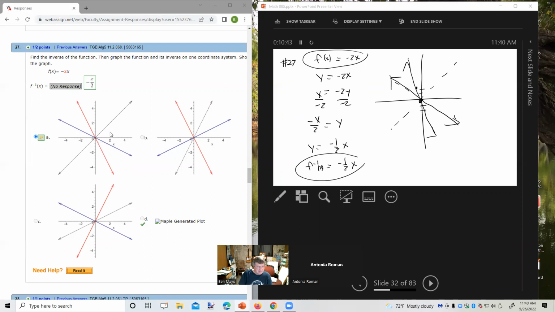Okay, and that looks okay. This one would be down 1 and over 2. So that one looks okay. Now this Maple generated plot, I don't have a way to do that, but I can tell that this is correct based on the information.